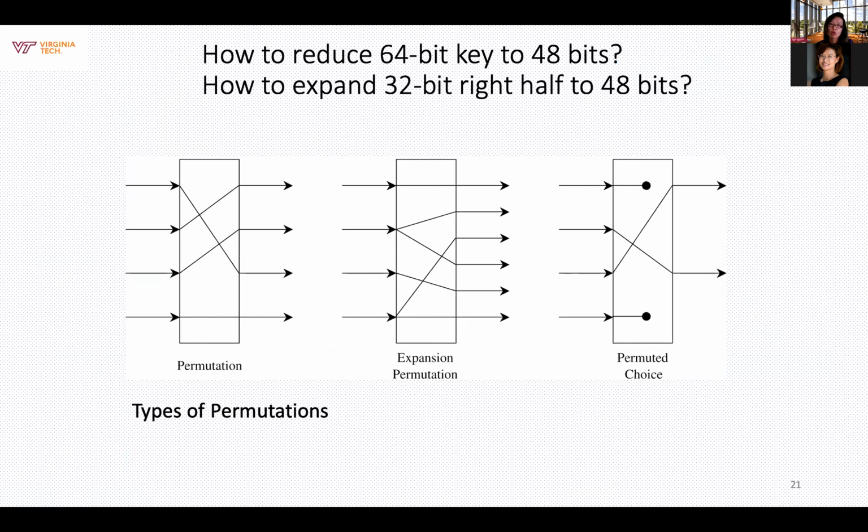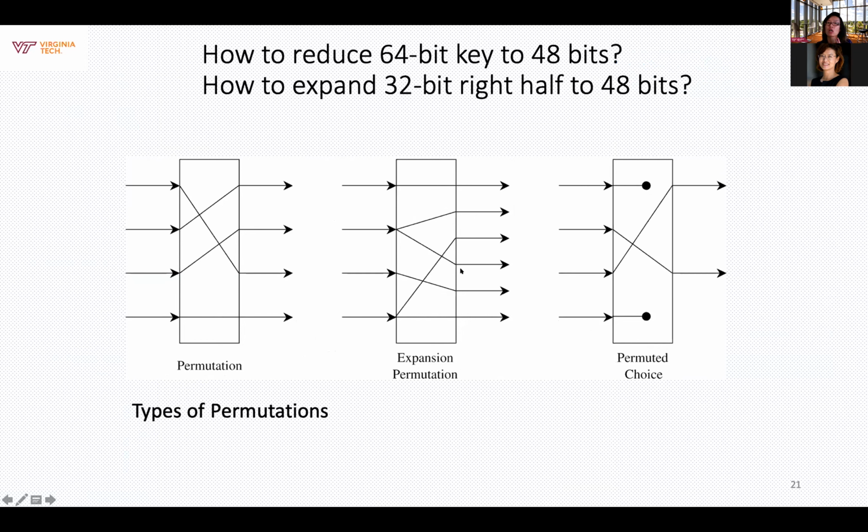Before we go into the S box and P box, the substitution box and permutation box, I just want to explain the expansion and then the reduction of bits. You can do that very easily. Sometimes you just omit some bits like here, and then you have reduced bits, the reduced output. And sometimes you duplicate, one bit gets copied in two places, and then you can expand the number of bits.